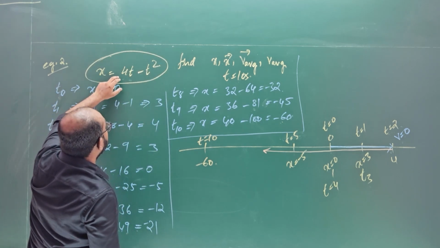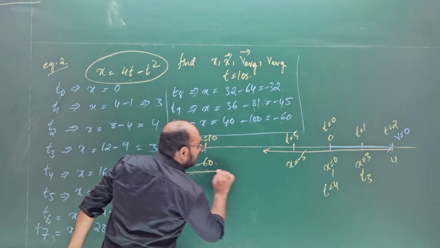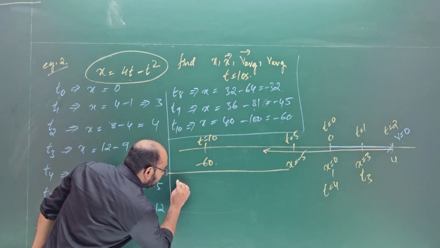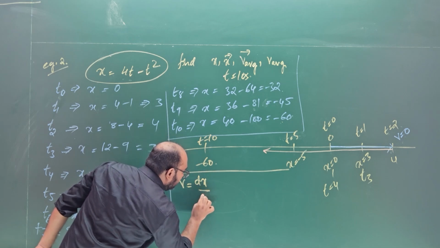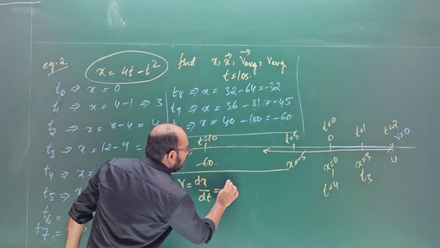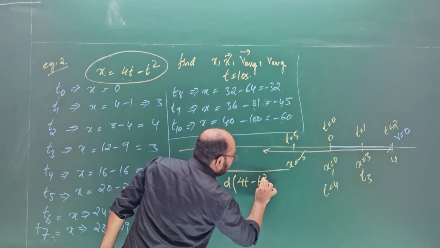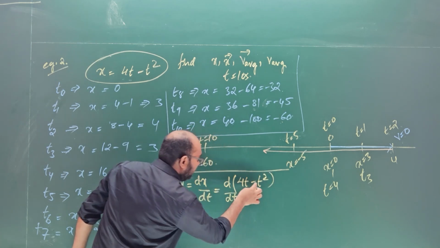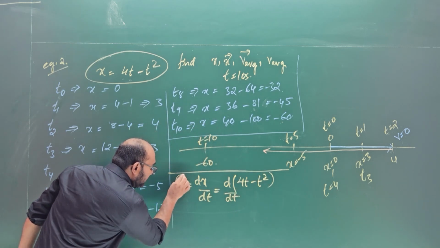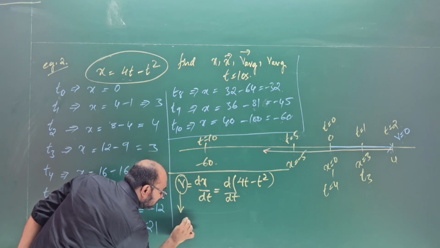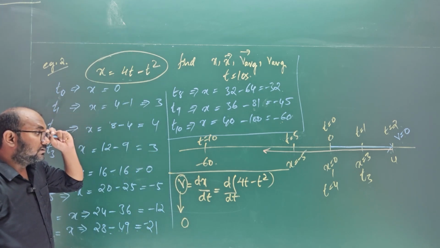Now, taking this question and differentiating it, v equals dx upon dt, and what is the x value? 4t minus t square. If I differentiate that, at a particular time this velocity should be equal to 0.